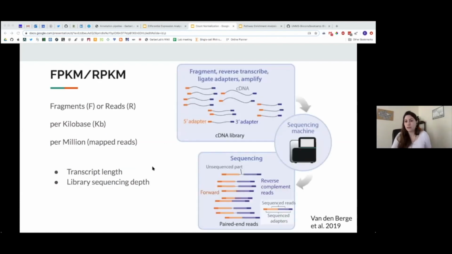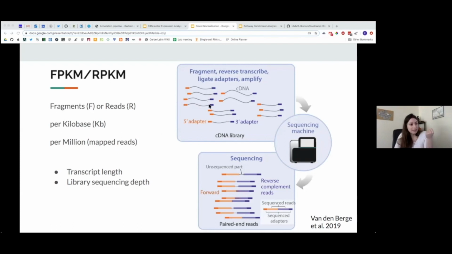So what are these methods of normalizing? One of the most common ones, which was used for a long time, has been FPKM or RPKM. So what does it mean? It means fragments or reads, so that's what the F and R stand for, per kilobase, so every 1,000 bases, per million mapped reads. So let's go back a little bit and remember how we sequence these libraries to begin with. What does it mean to be read or fragment?